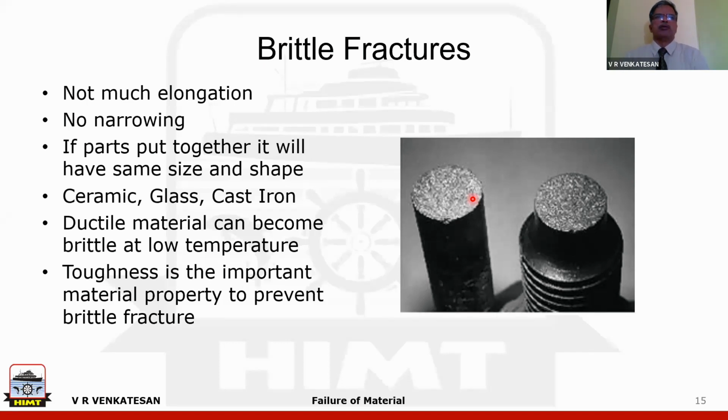And many of you will remember there is impact testing. Izod impact test is there. Charpy V-notch test is there. What is the output of this test? When you say I do a Charpy V-notch test or Izod impact test, what will be the result? Like, how is toughness measured?